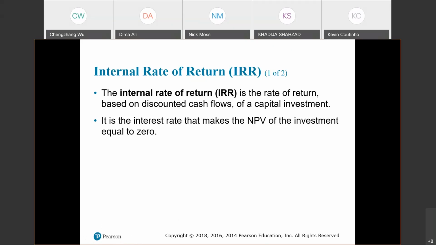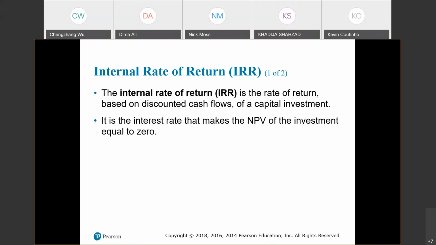So when net present value is calculated, the present value factor is selected using the company's required rate of return. If the net present value is positive, then the actual rate of return is greater than the required rate of return, and it is an acceptable project. But you do not know the actual rate of return. The only thing you know is that it is greater than the required return.